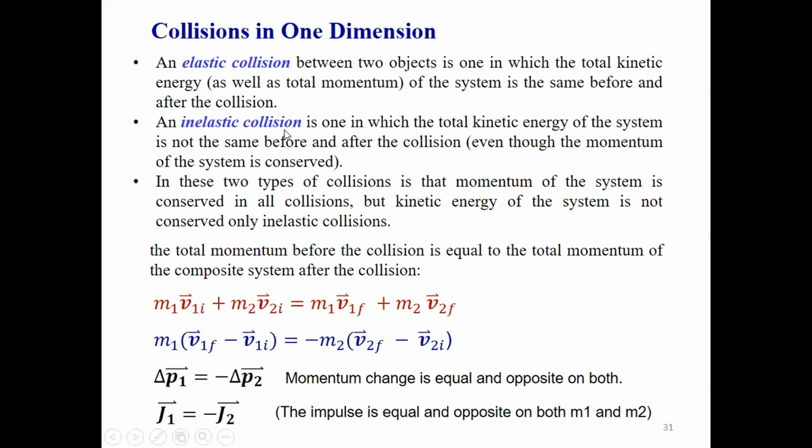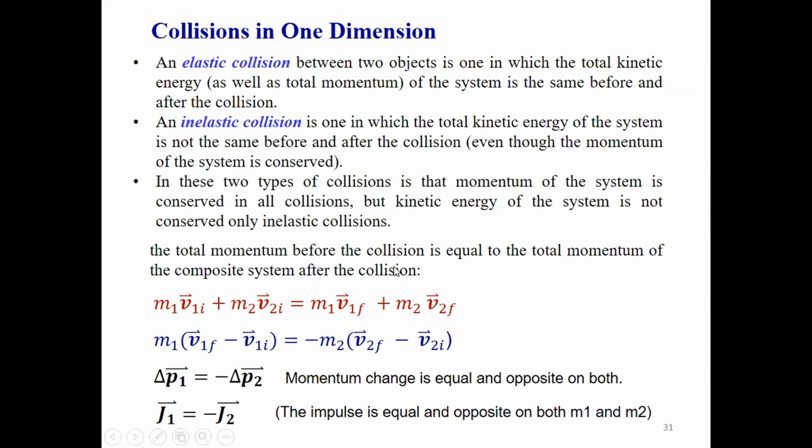In an inelastic collision, the total kinetic energy of the system is not the same before and after collision, even though the momentum of the system is conserved. In both types of collisions, the momentum of the system is conserved, but the kinetic energy need not be conserved in inelastic collisions.